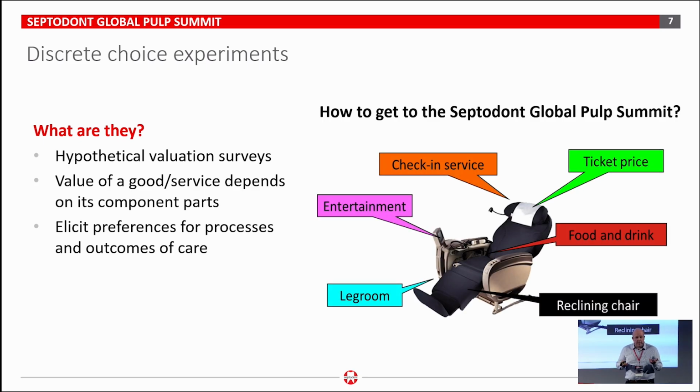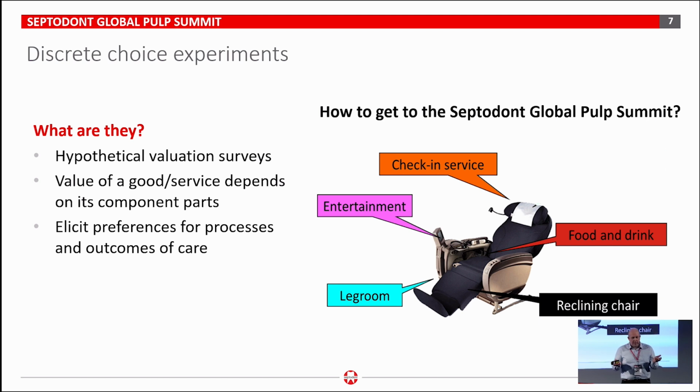We might value different things when we're choosing our mode of travel, we're choosing our airline. We might value check-in service, entertainment available, legroom, food and drink, reclining chairs, and so on. The list could be endless. But we value each of those components individually, and we can sum them up to understand the value we place on the service as a whole.